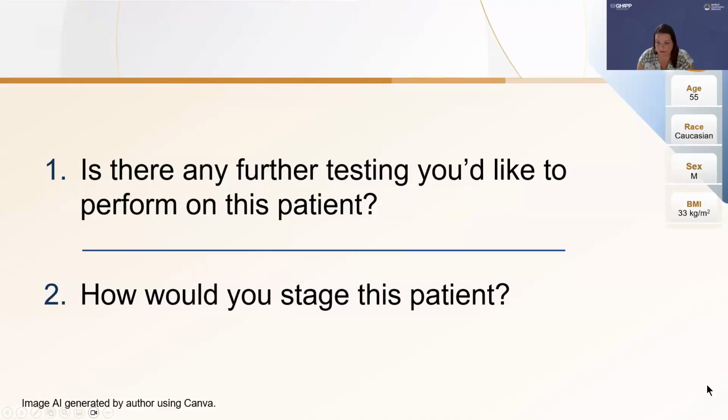So if this were your patient, and feel free to come off of mute, is there any further testing that you would want to get? Okay, who wants to get a liver biopsy? Or any other labs?